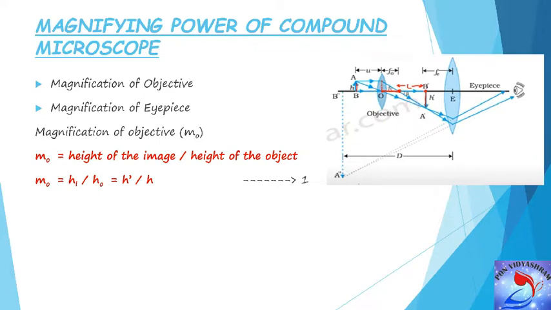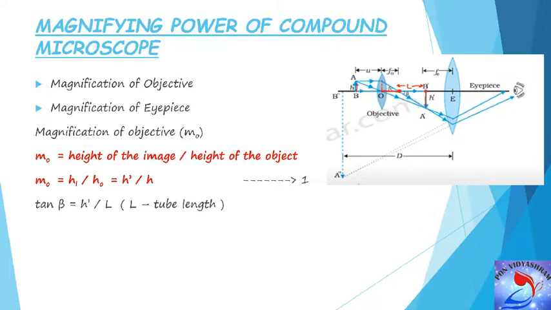Now we are going to find the height of the image, that is H dash. We are going to use the angles here. We take a triangle at the point where the first image is formed due to the objective, that is A dash B dash. That angle has already been marked as beta.